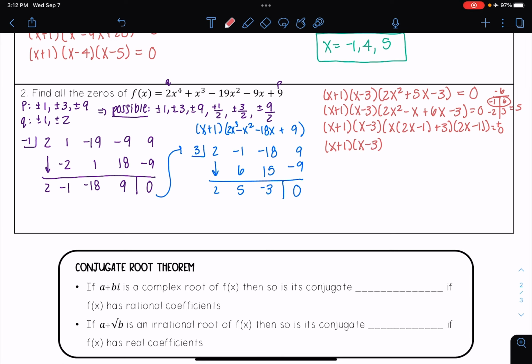And I see I have the same factor of 2x minus 1. And so factoring that out, I have x plus 3. And so then solving each of these, I get the factors of x equals negative 1, plus or minus 3, and 1/2.